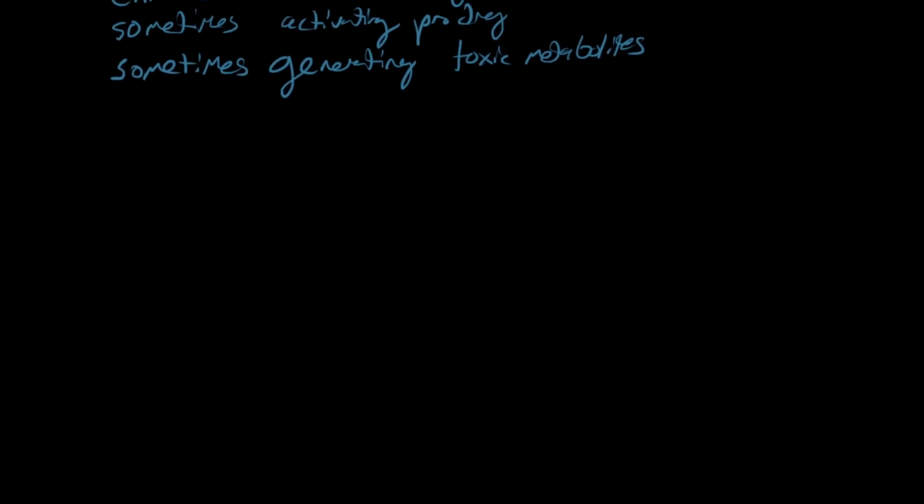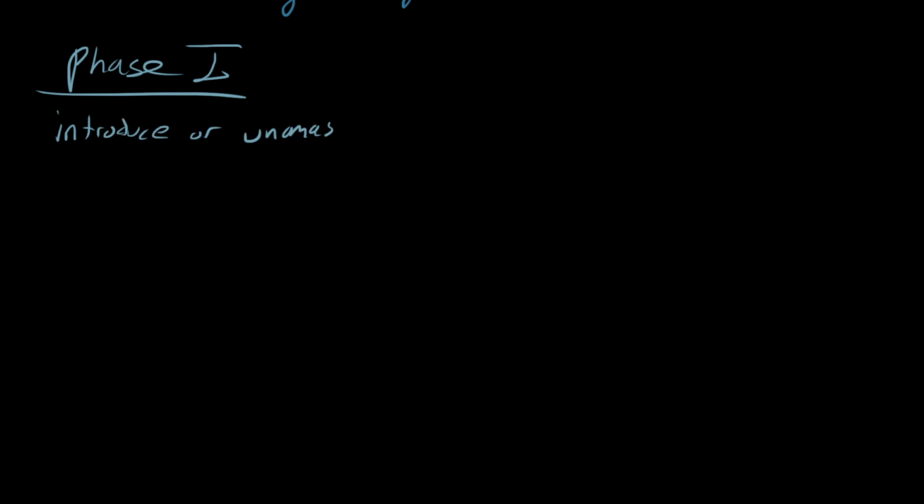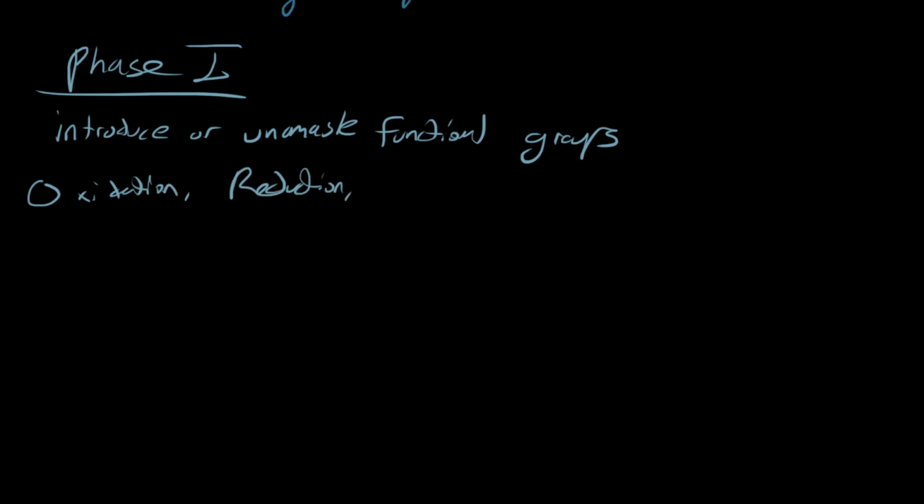So then diving deeper into the reactions, with phase 1 reactions. In phase 1, you are introducing or unmasking functional groups. The main ways that this is done in phase 1 is through oxidation, reduction, or hydrolysis.